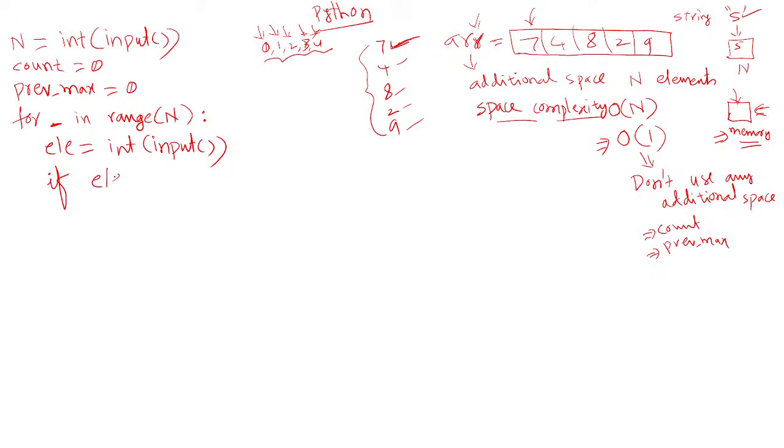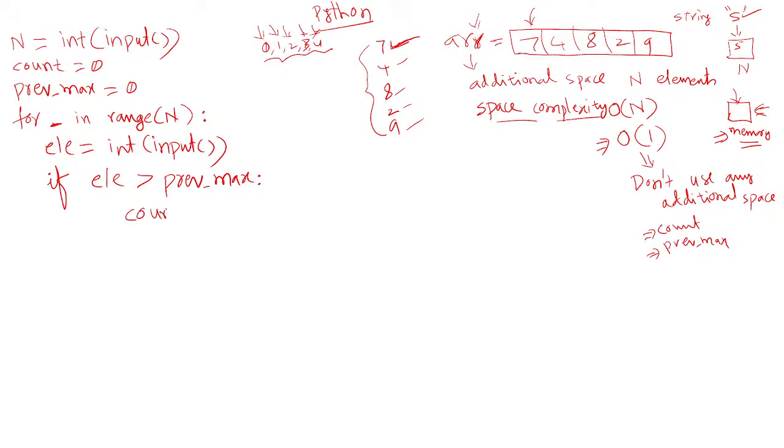If element is greater than previous max, that means the current element is greater than all its prior elements. So we identified one such element.